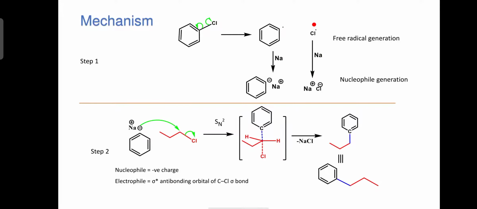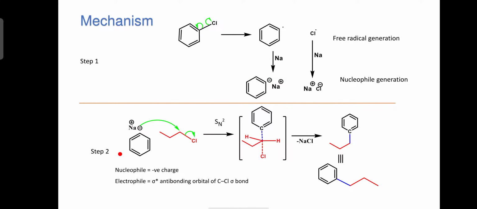So what will happen? By accepting the electron from this sodium, it will contain a negative charge here, and this chloride radical will convert into chloride ion like this, and this sodium will convert to sodium positive, and the negative charge on this carbon atom will act as a nucleophile here.